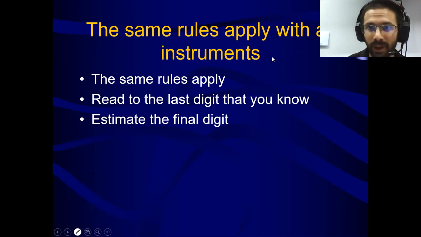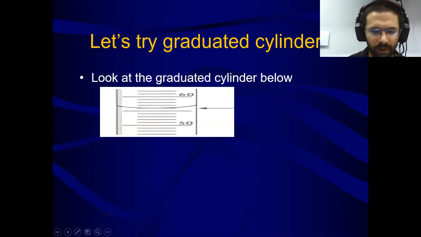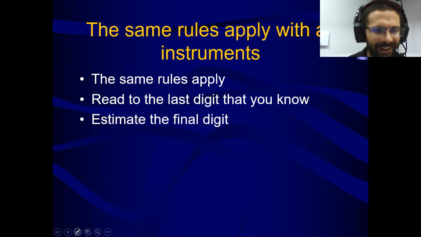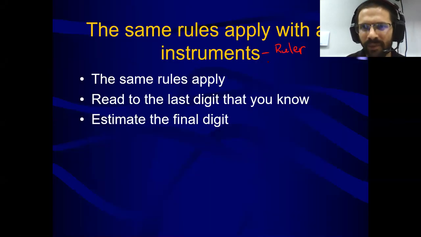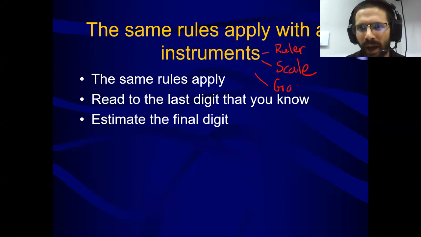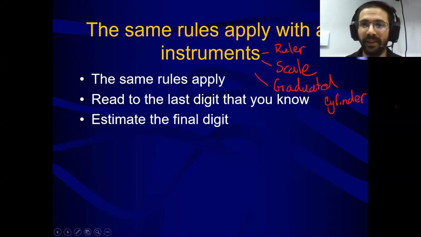We had a ruler. Maybe we'll have a scale, or we'll have a graduated cylinder, right? All of these things we'll use as tools to measure our product in the science room.